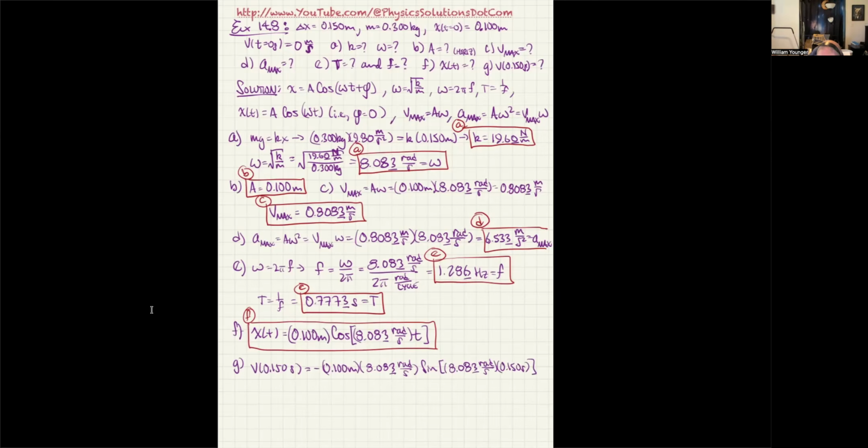And again, normally you want to put your calculator in radian mode, but we don't necessarily have to do that as I showed you before.